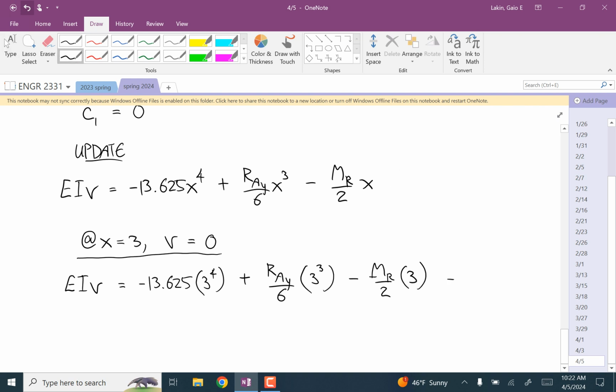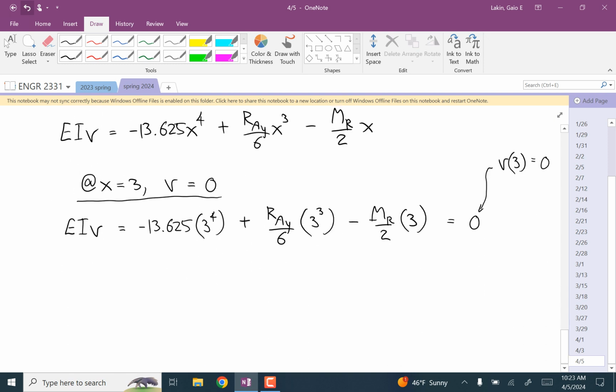And this has to be equal to 0 because the deflection at the right end is equal to 0. Should the x be squared for that one? Yes, thank you.